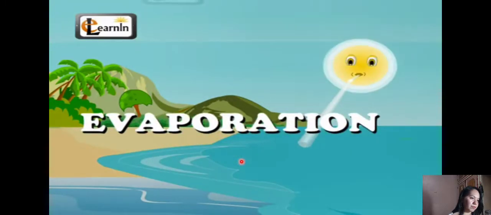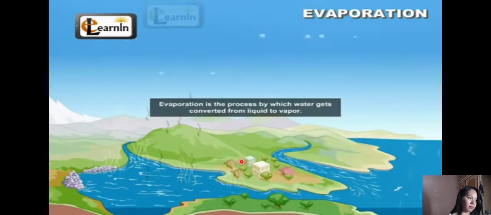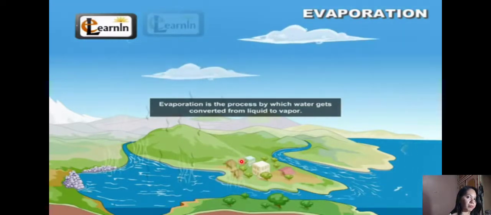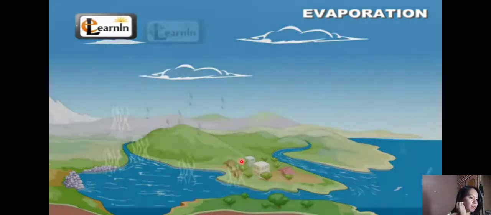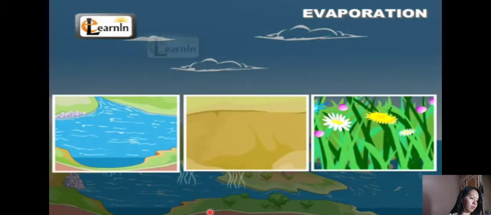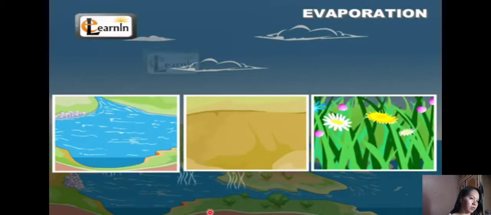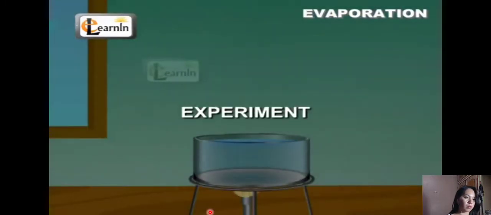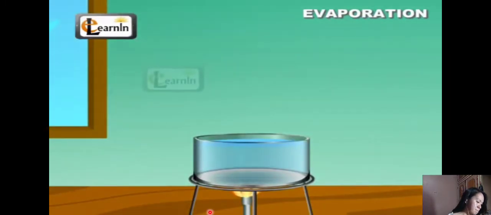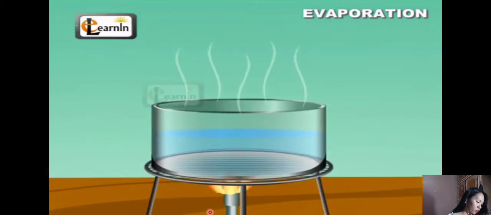Evaporation. In this video, we are going to learn about evaporation. Evaporation is the process by which water gets converted from liquid form to a vapor form. Evaporation from the oceans accounts for 80% of the water delivered as precipitation, with the balance occurring on land, inland waters, and plant surfaces. Let us do a small activity. Place a beaker containing water on a stove. Let the water boil. If you continue to heat the water, it turns into steam and evaporates.